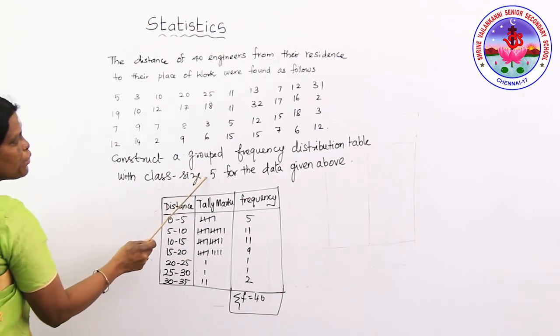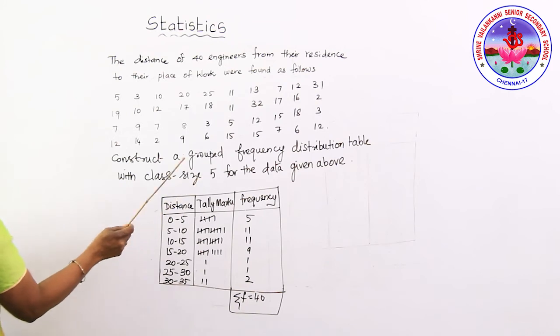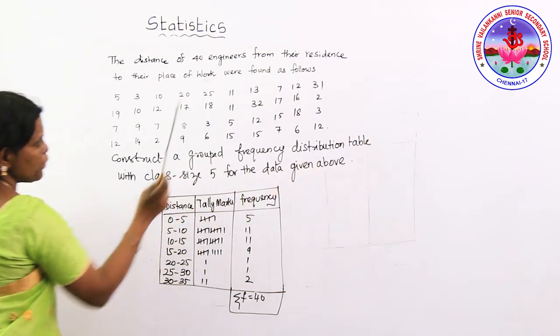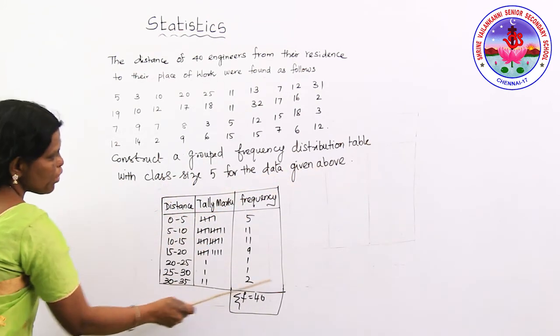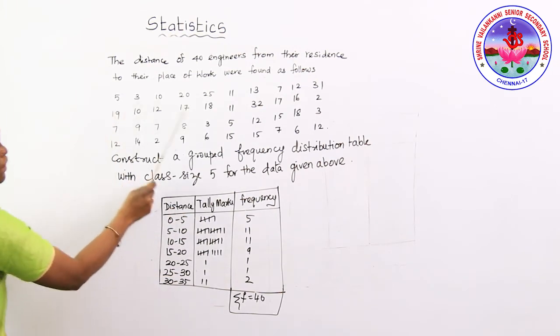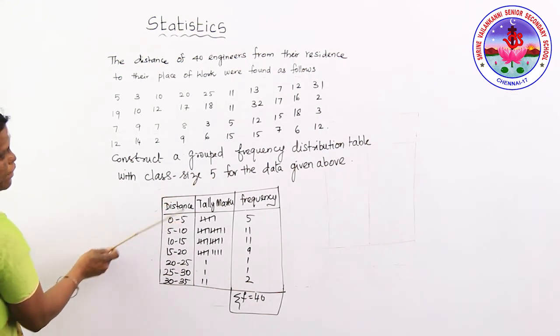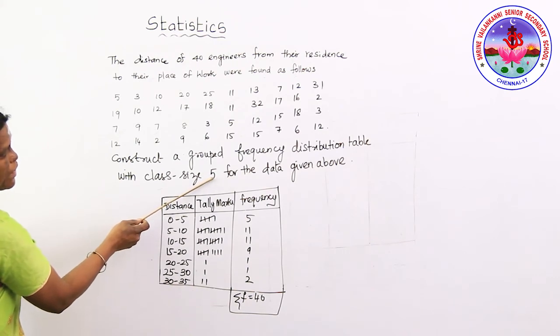So we are going to take grouped intervals with equal differences of 5 for the data given above. Now I am framing the tabular column. In my first column, I am writing the distance. He is asking to convert this into a grouped table, where the grouped interval should have an equal difference of 5.